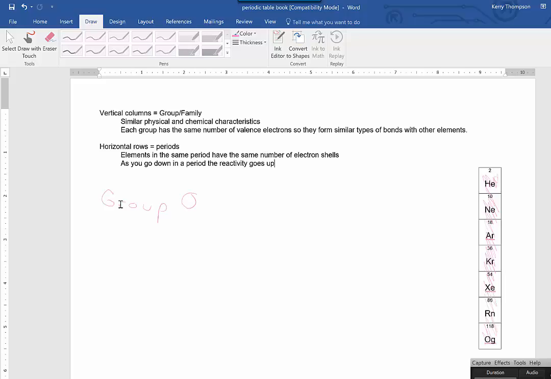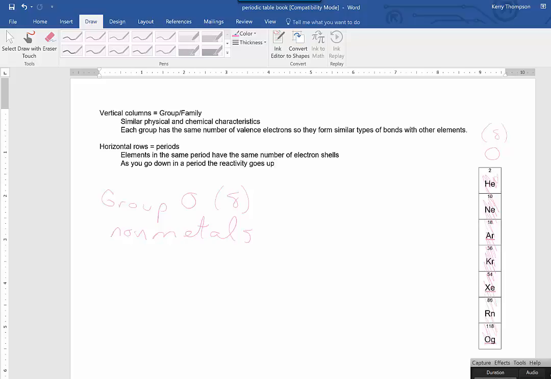In this column, what we are talking about is group O, also known as group 8. So on your periodic table, you can go ahead and put the letter O as well as the number 8 above your column. These are nonmetals. They are also a particular kind of nonmetal.